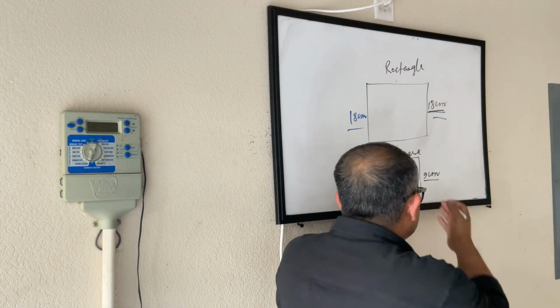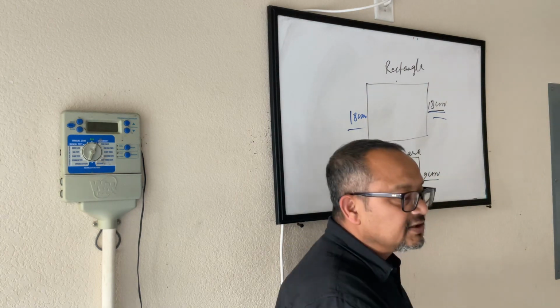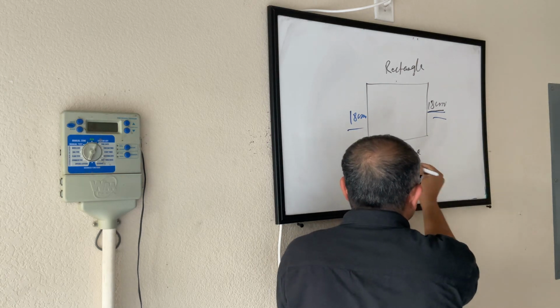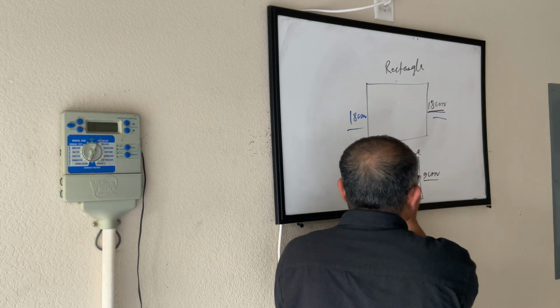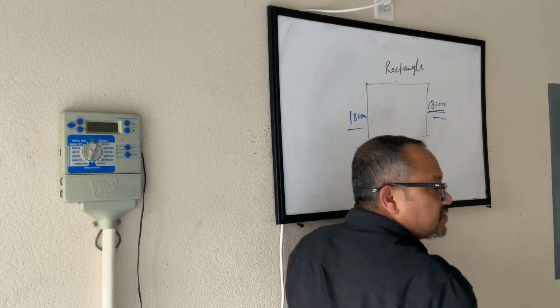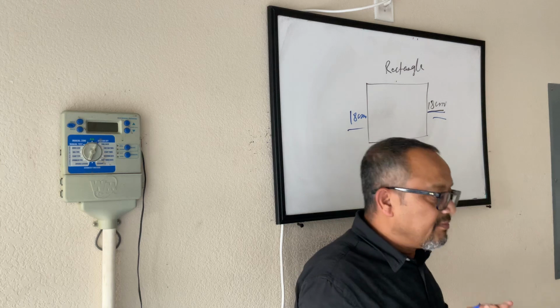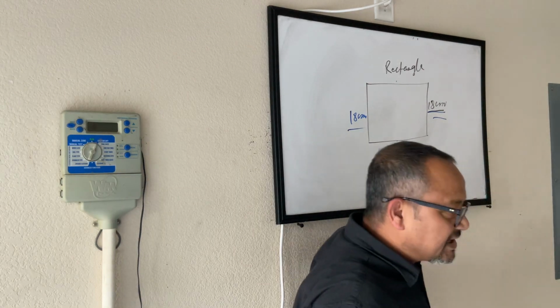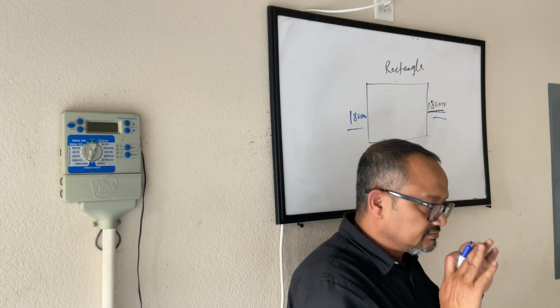If you still call it a rectangle, yes, I can find out the perimeter, that this side and this side will be same. So this is 8, this is also 8, this is 9, this will be 9. Then I'll say 8 plus 8, 16, 9 plus 9, 18, 16 plus 18, 34 centimeters. But if you still agree that this is a square with different sides, don't agree to me.